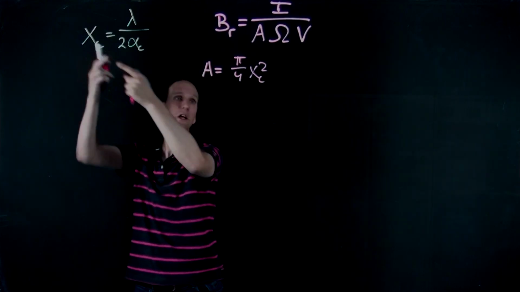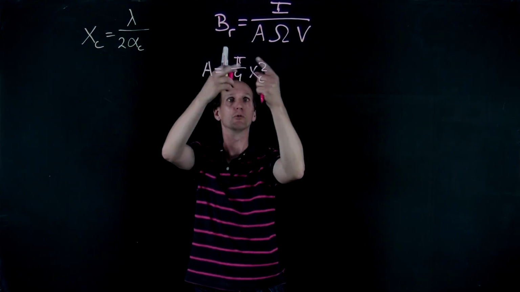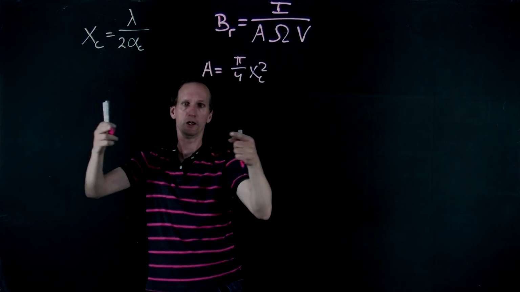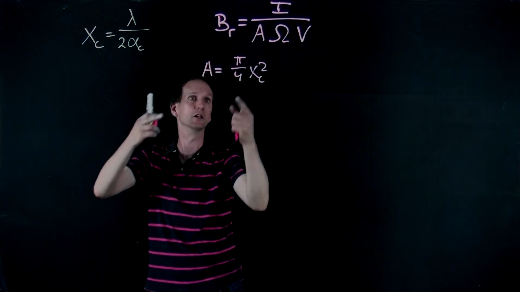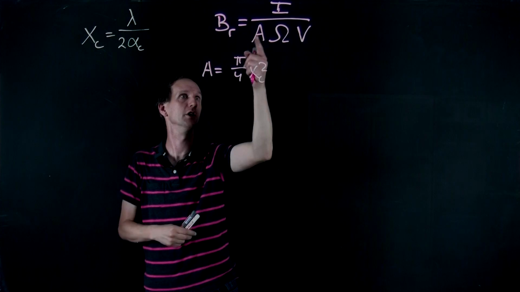So this is the xc that we plug in. As long as we are in a width on the sample of width xc, the beam is coherent. So this is the area we need to look at.